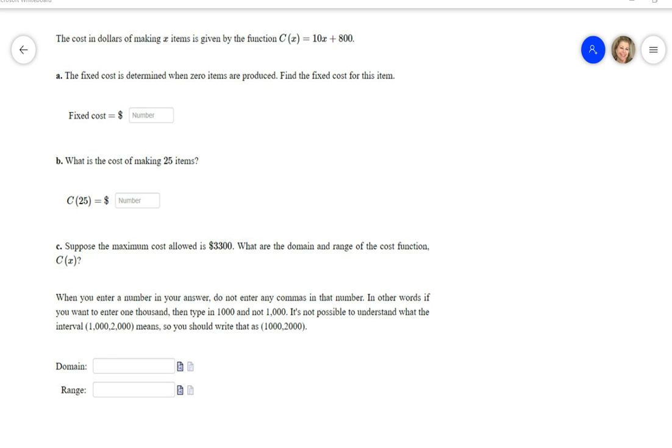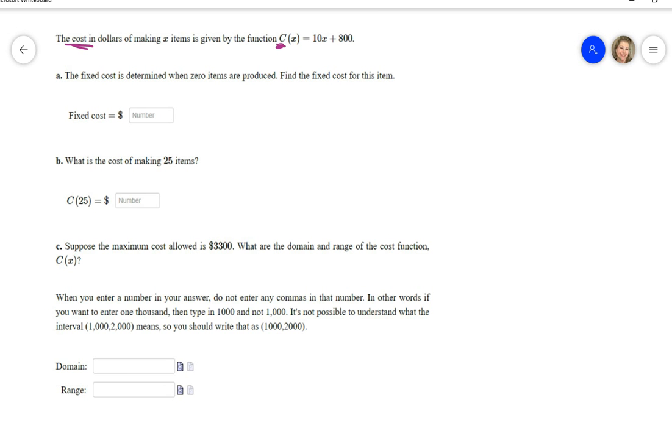All right, for this problem, it says the cost in dollars of making X items is given by the function C of X. Notice how they used a C. C stands for cost. So the cost of producing X items is equal to 10 times X plus 800.